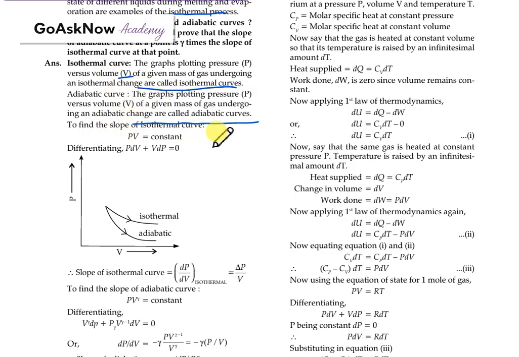So, to find the slope of the isothermal curve, PV equals constant. Then P dV plus V dP equals 0. So, the graph would be like this.